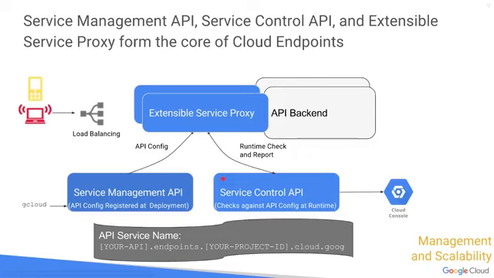If the request authenticates successfully, the extensible service proxy passes it on to the API backend. The Service Control API logs information about incoming requests. These logged messages and metrics can be viewed by using the Google Cloud Platform console.